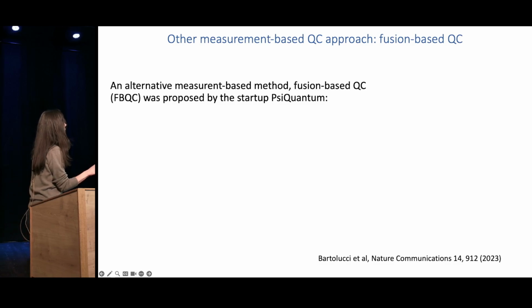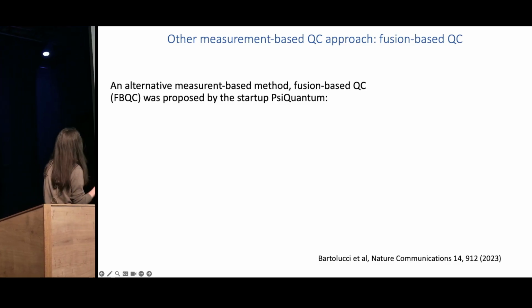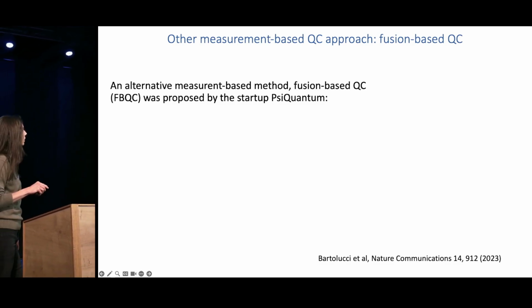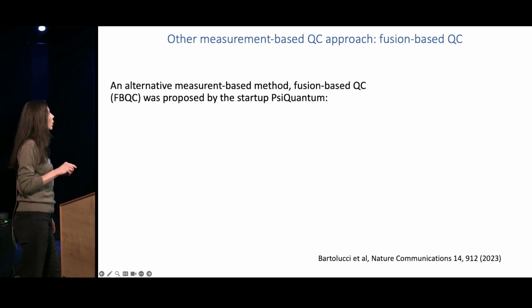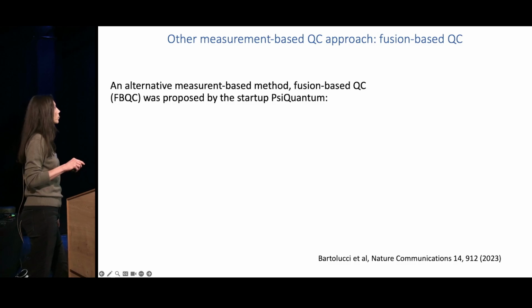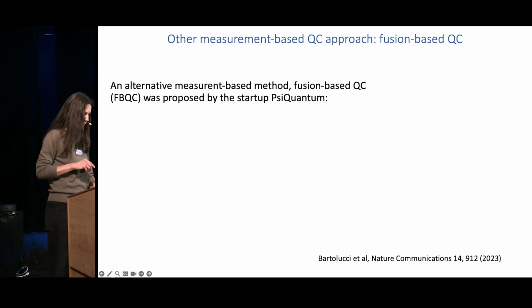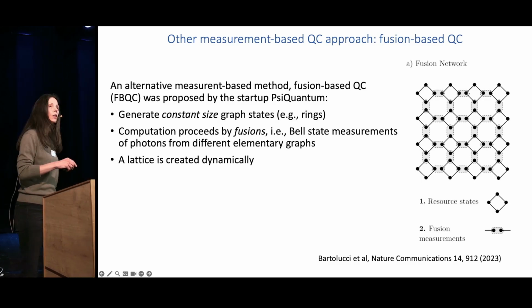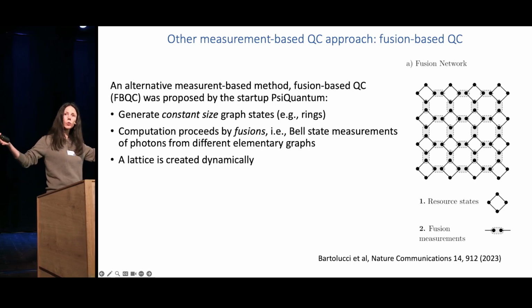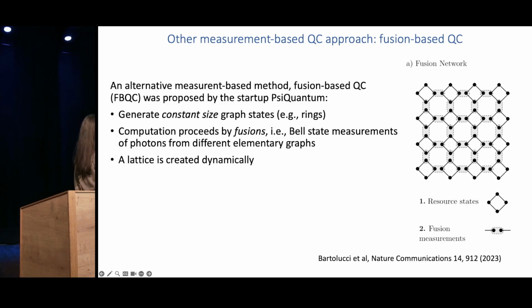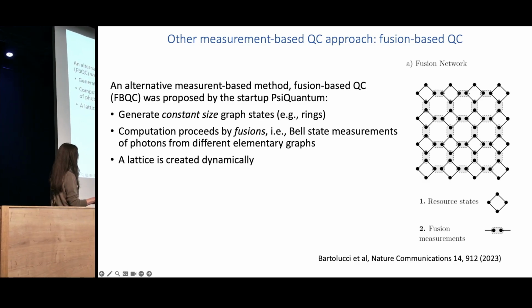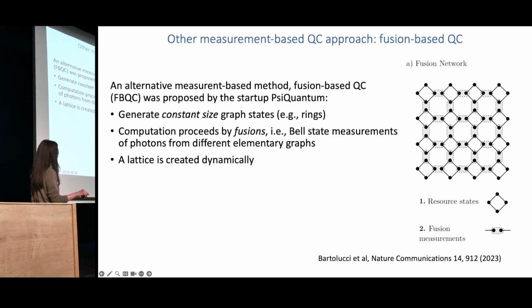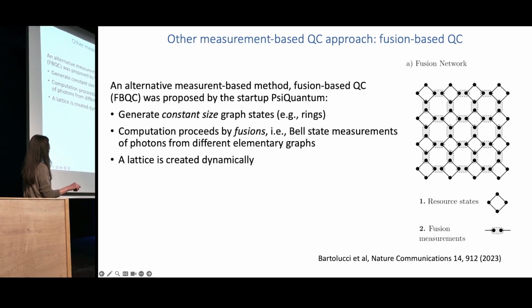Now there's a modified version of the protocol I showed you, which is called fusion-based quantum computing. And it was modifying essentially the cluster state quantum computing paradigm. It's what PsiQuantum focuses on. So instead of having this large 2D cluster state, what they are trying to do is create these smaller resource states and then do Bell state measurements between qubits in this lattice kind of structure.